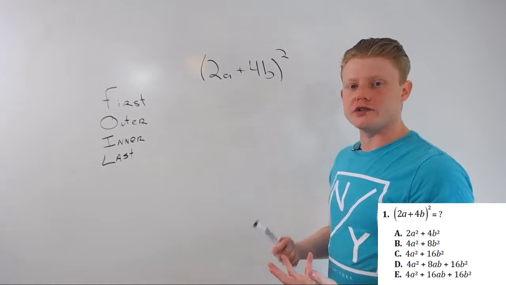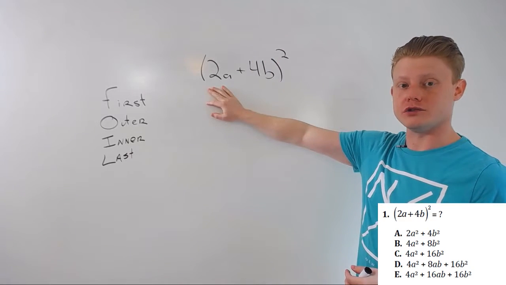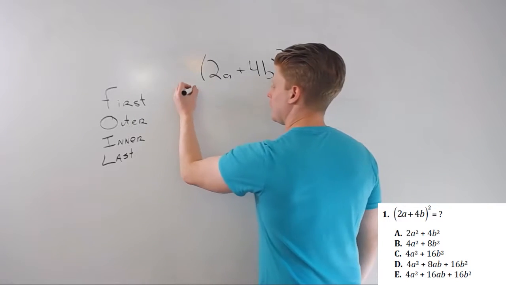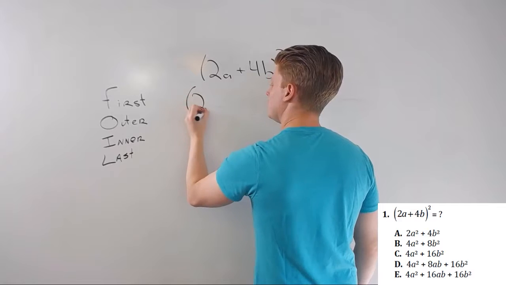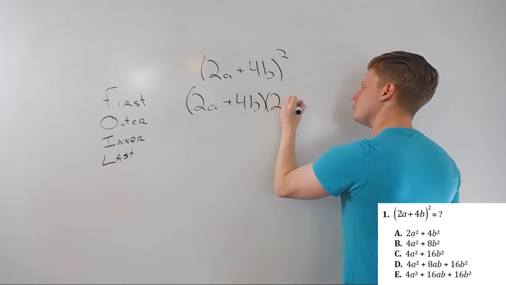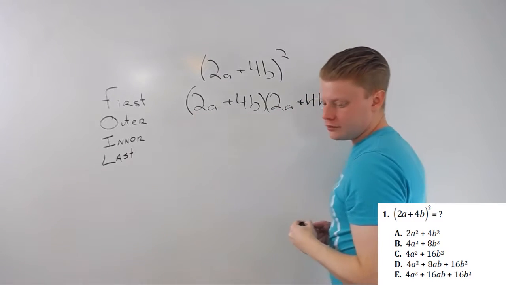So when I square something, I'll multiply it by itself. So if I see a binomial squared, which is what I've got right here, binomial, 2 terms, I got to multiply it by itself. And guess what that brings us back to? 2a plus 4b times 2a plus 4b, and then I'll FOIL. Let's do it together.